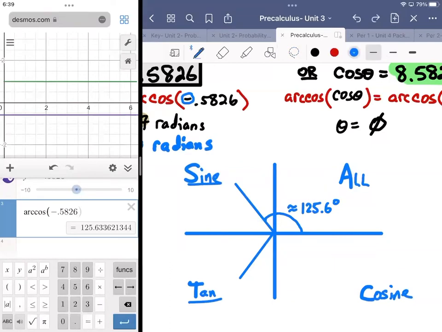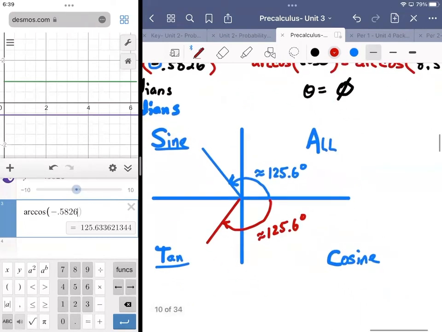All right, it would have the exact same reference angle, but we don't actually have to work with that because it's symmetrical. If this is going 125 degrees in the counterclockwise direction, then this one would be going approximately 125 degrees in the clockwise direction. So if I wanted to figure out what this true angle was, I could do 360 minus that 125.6, right?